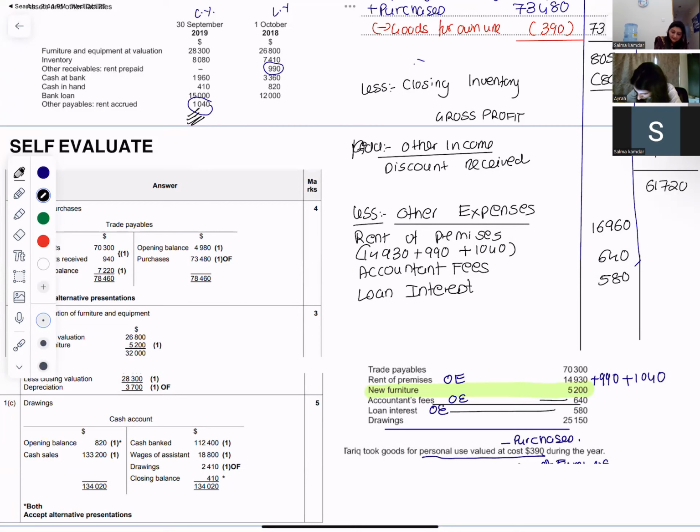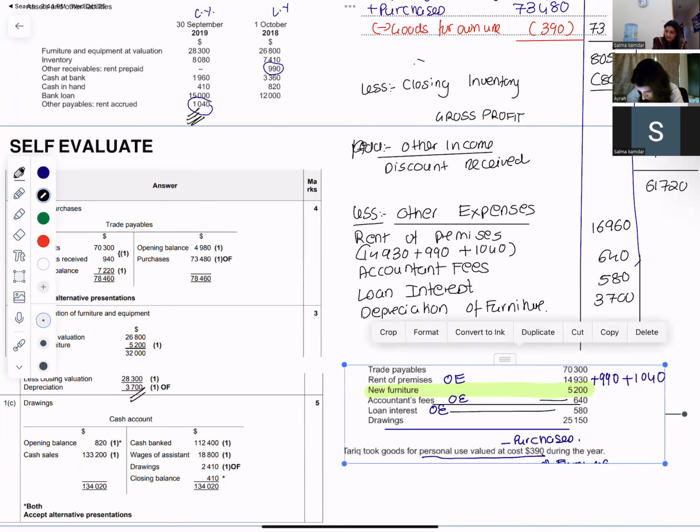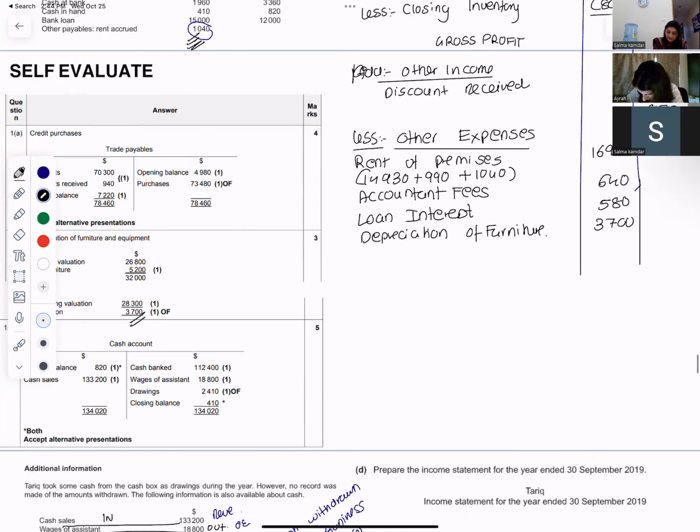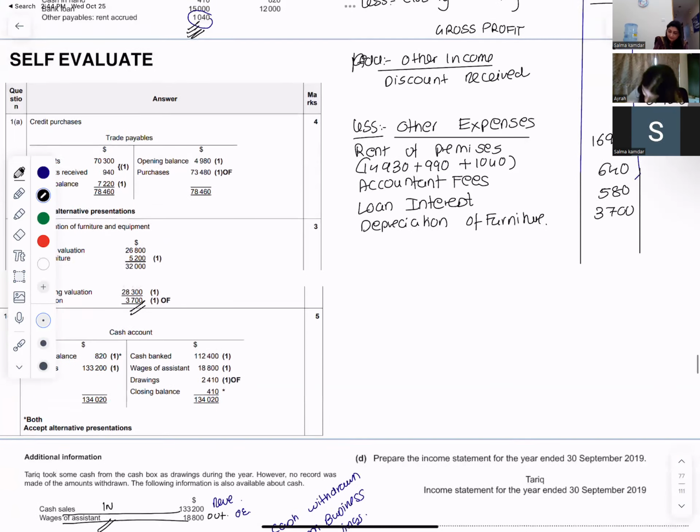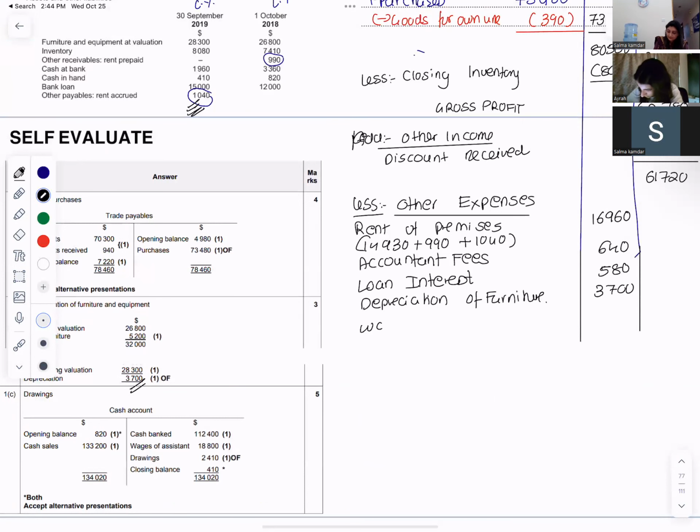Then there was depreciation, 3,700. Then what else was there? Wages of assistant, 18,800. What is the total amount that you're getting? 40,680.